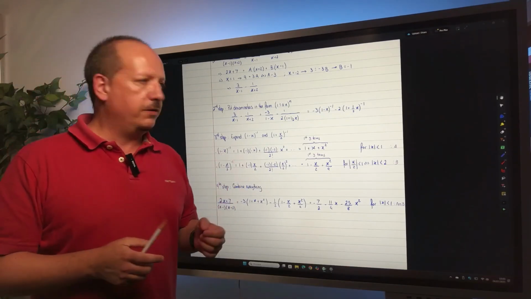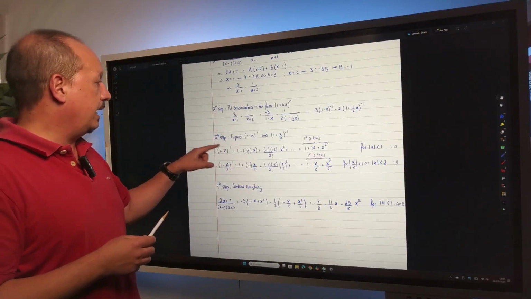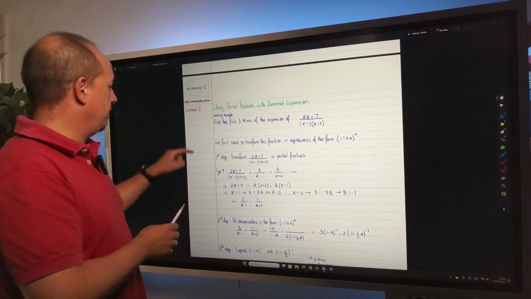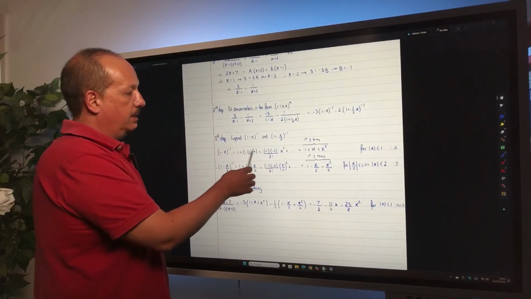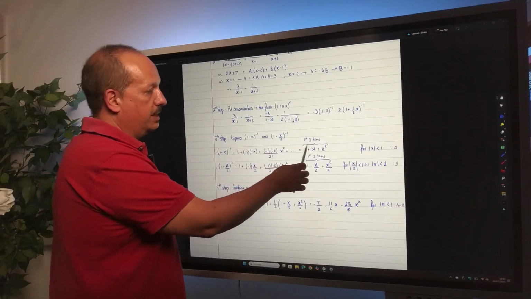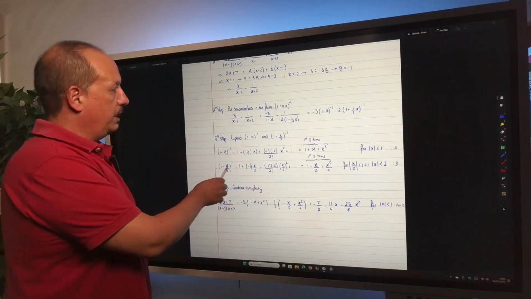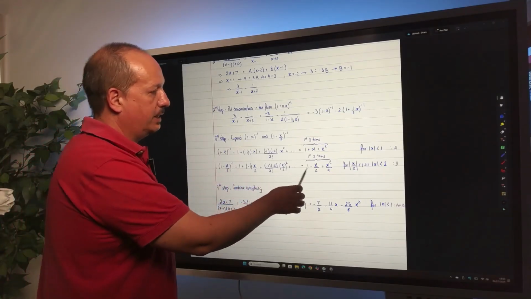Just go to lesson 1 if you still have doubts. I expand these. I expand this. The question asked me to get the first 3 terms, so I only need to expand until the 3rd term. This is what I have, so basically it ends up as that. Do the same thing on the next one, 3 terms, and I end up with that.